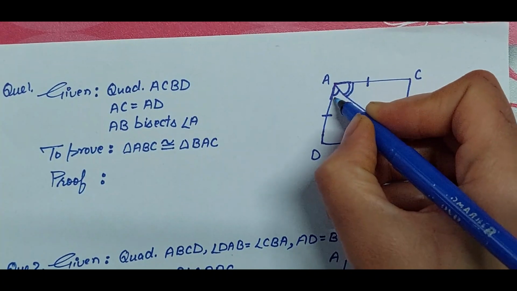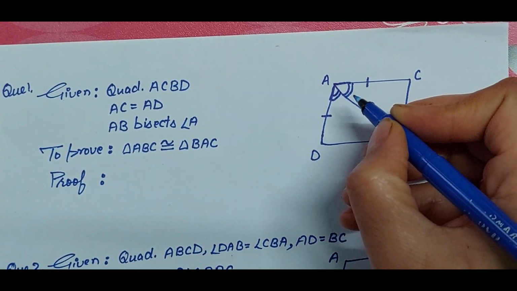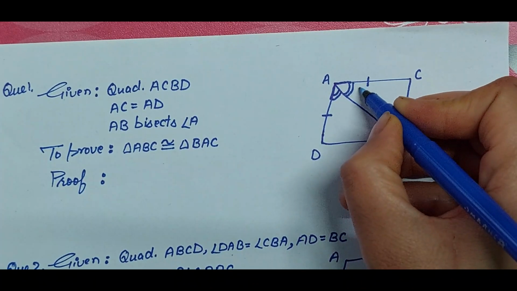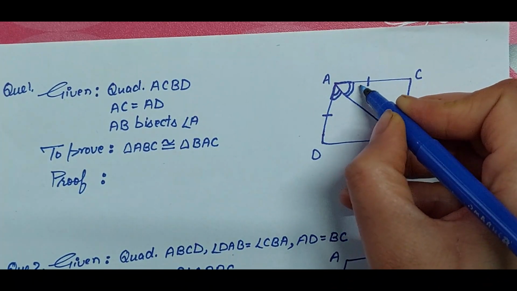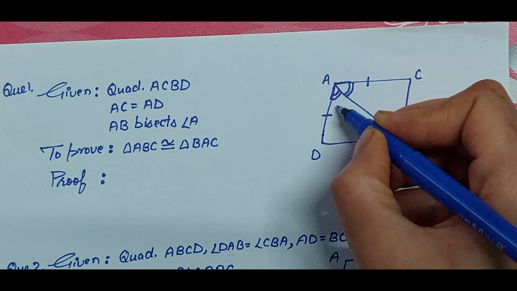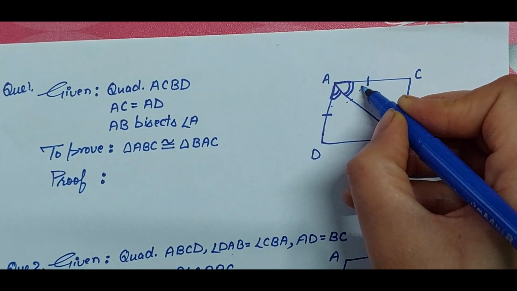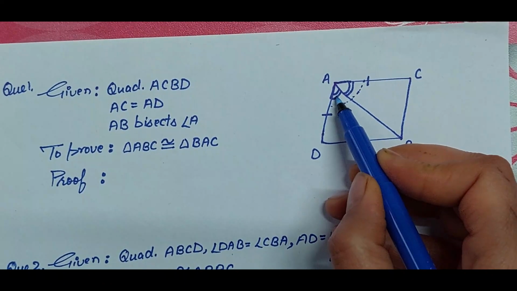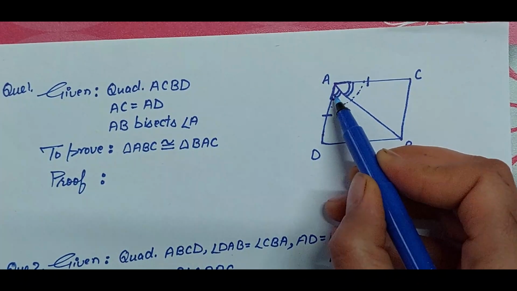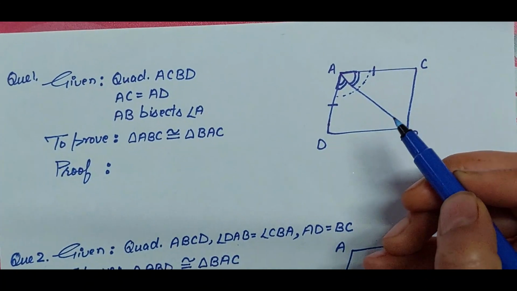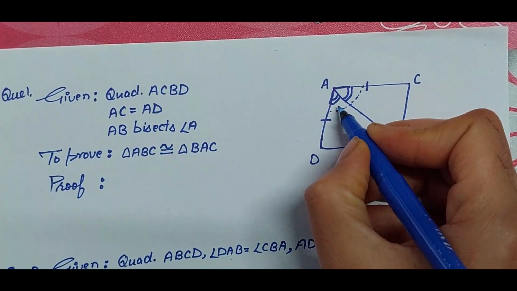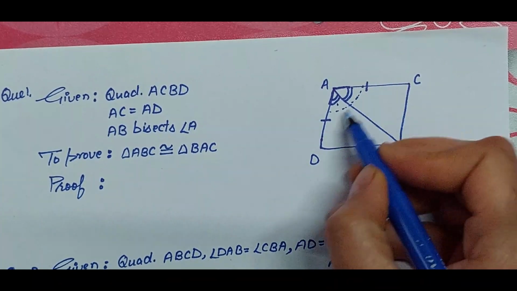You can also put a single mark, but do not put it just from here till here, otherwise we will not be able to see two angles. Better you put a single mark, double mark or triple mark. So these are the two equalities I have labeled in these two triangles.